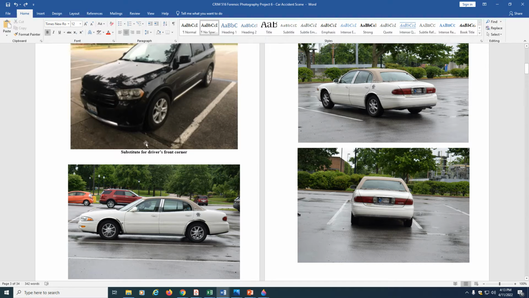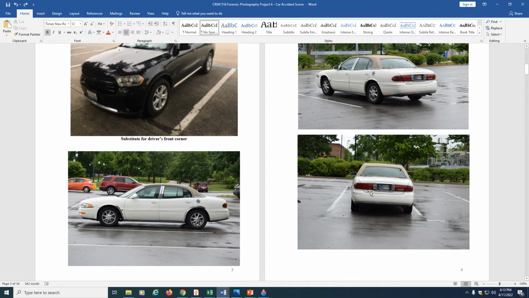And then basically just walk around that vehicle, stopping at the corners and each side. So if you follow along, front driver's side, back driver's side corner, back of the vehicle, and yes, it's all right to have a license plate in your pictures.